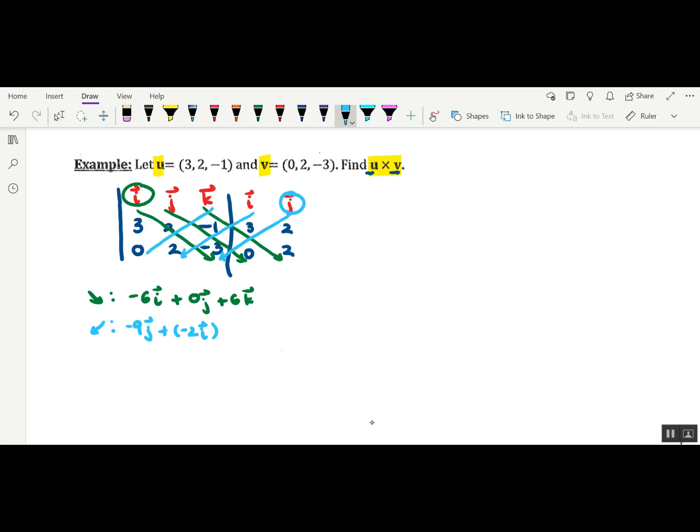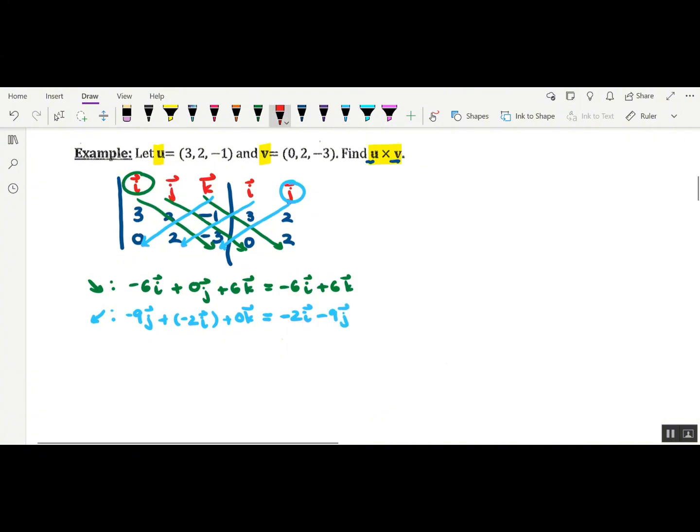And then we multiply k times 2 and 0, so plus 0k. Of course, if you want to simplify these expressions, feel free to do so. We'll have -6i plus 6k for those diagonals, and then down here, we're going to have -2i minus 9j.